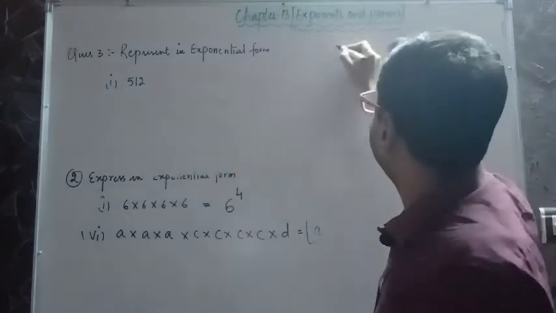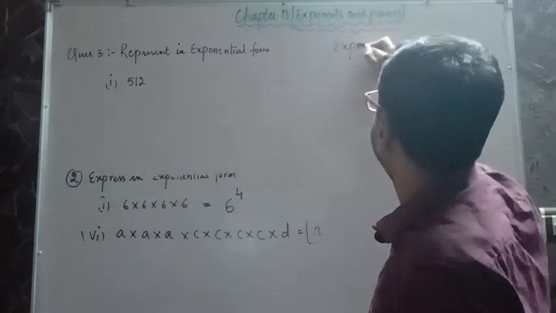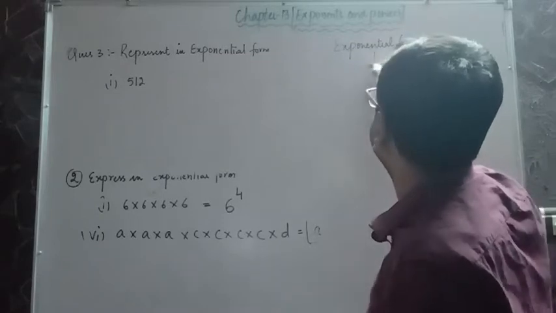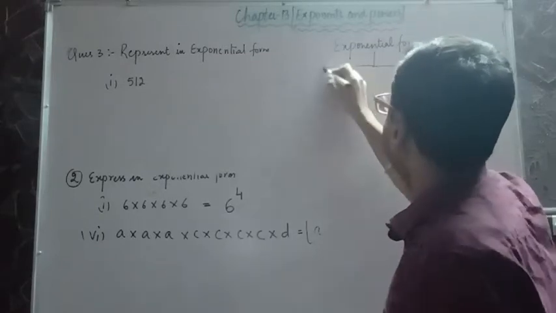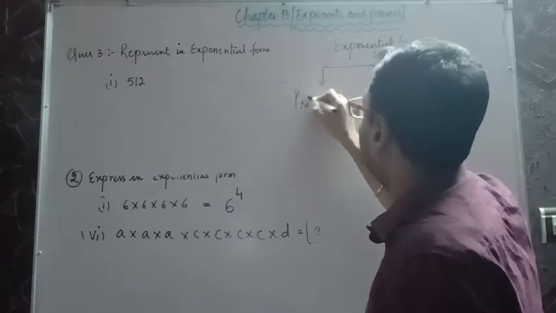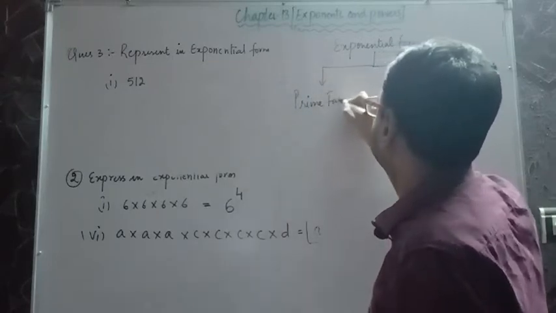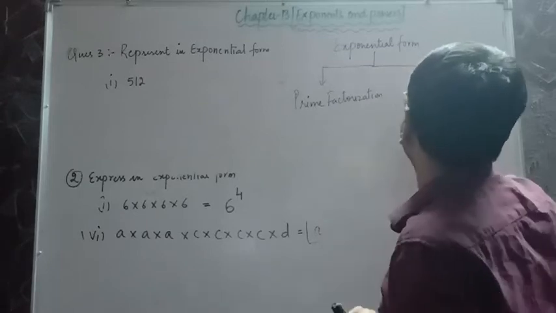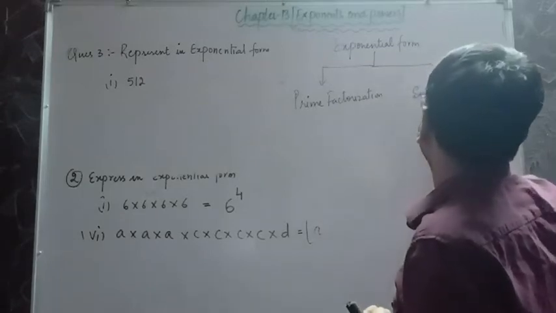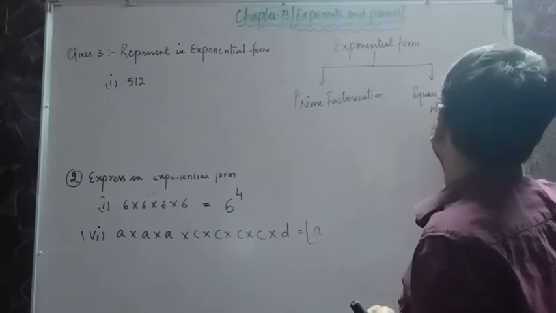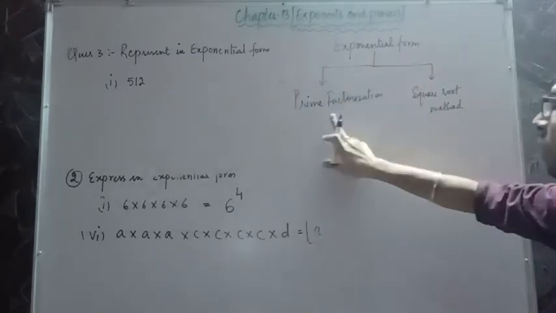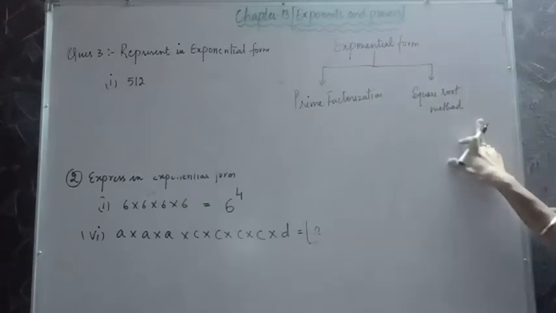Basically, for representing exponential form, we use two methods. One is prime factorization. Another is square root method. If we have to represent any number in exponential form, we have two methods, prime factorization or square root method.